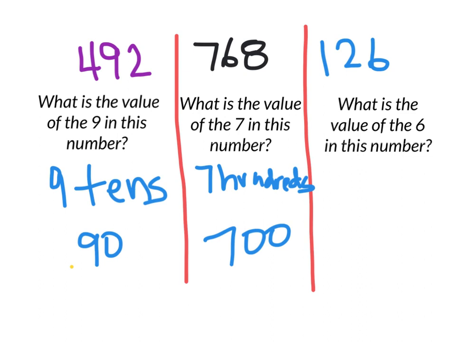Okay, let's do one more like this. Look at the number 126. Look at that number and tell me, what is the value of the 6 in this number? Go ahead and write that down on your whiteboard or in your journal.